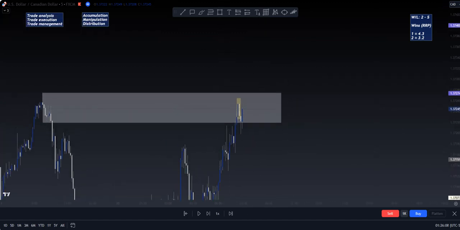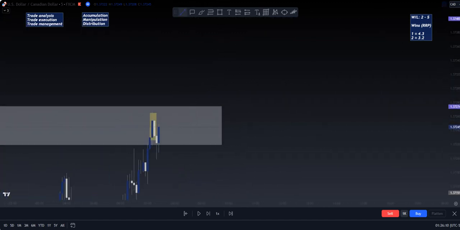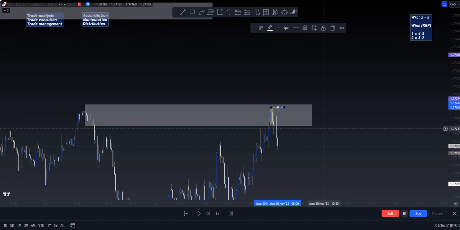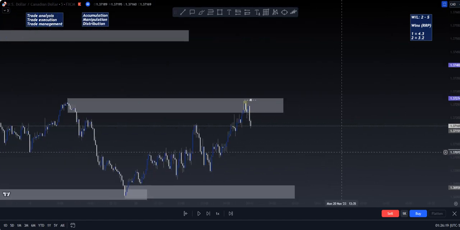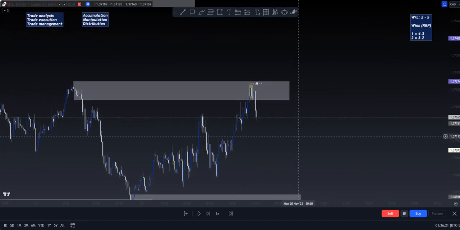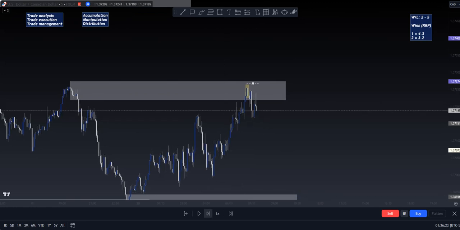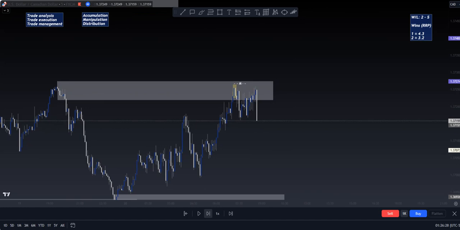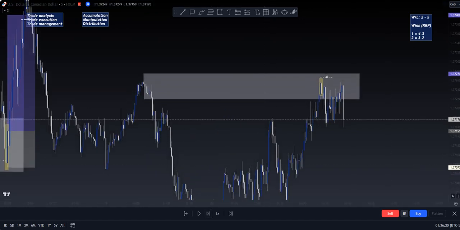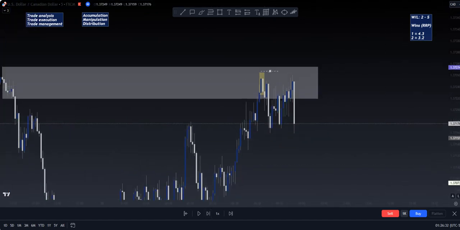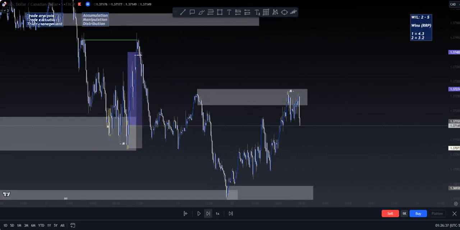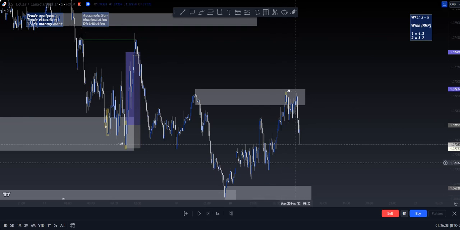I wait until that first entry signal is broken, and then I'll look for something. Yeah, he wants to move, but I'm just gonna be a little more patient.